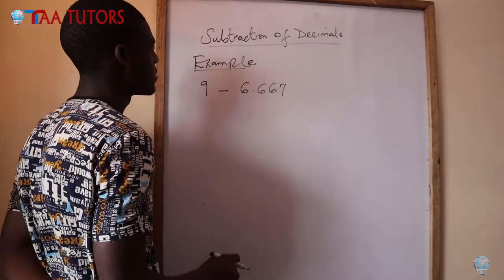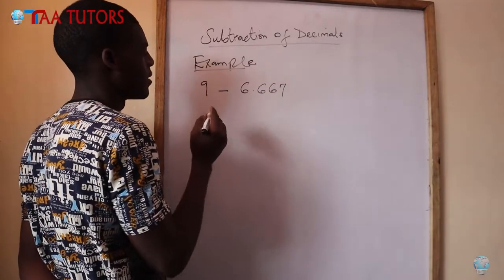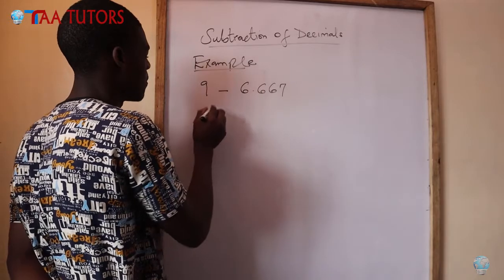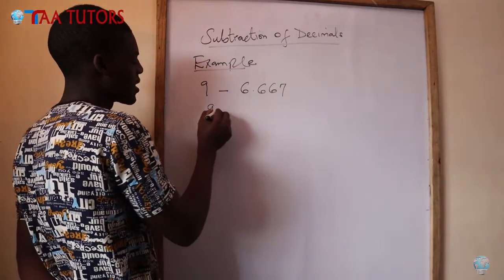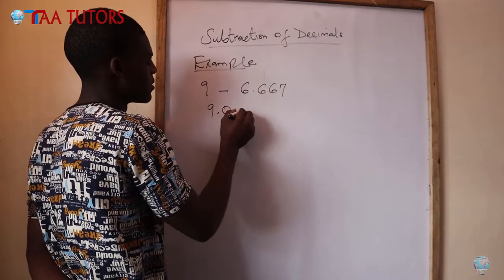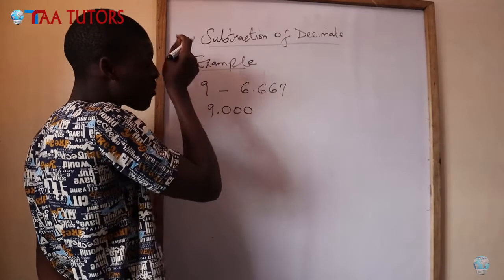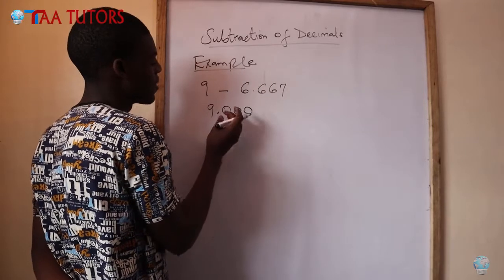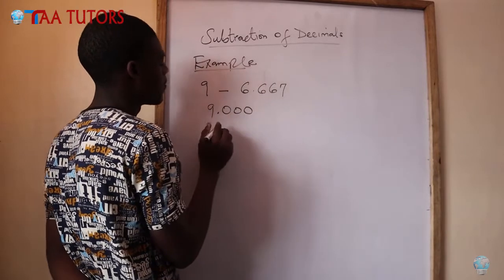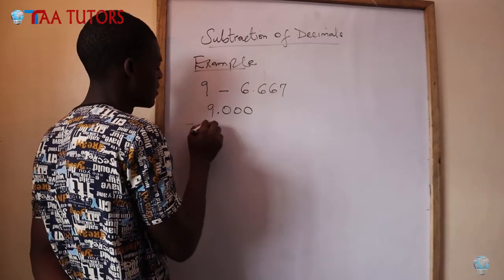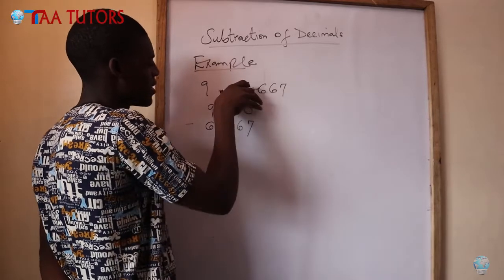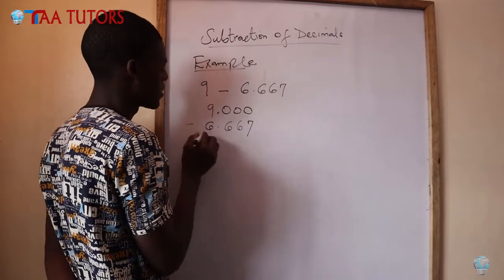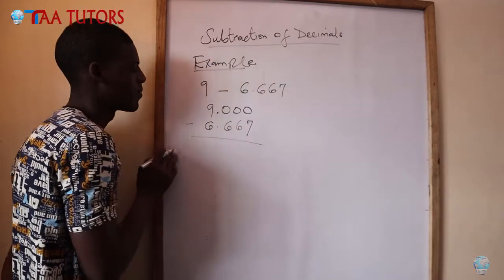How do we do it? We've said that we arrange the digits according to their place value. So we will have 9 point, and whatever I'm going to write there are zeros. And we've said they are placeholders, just to make the number of decimal places equal. So we will have 9 minus 6.667. So I have 3 decimal places up and 3 decimal places down. We are subtracting.